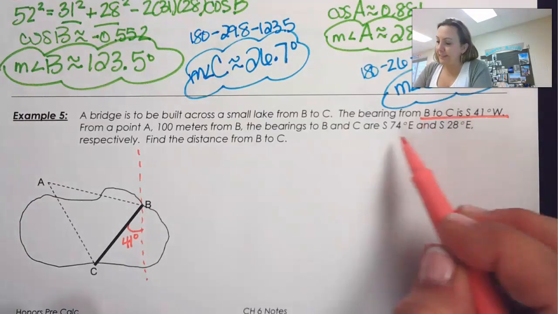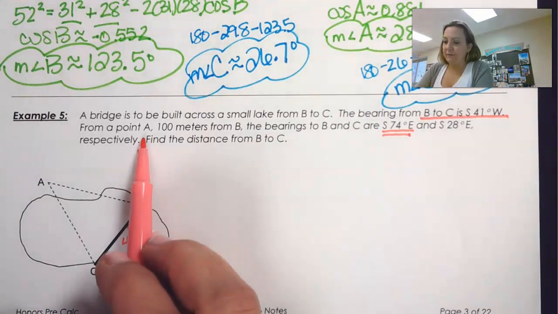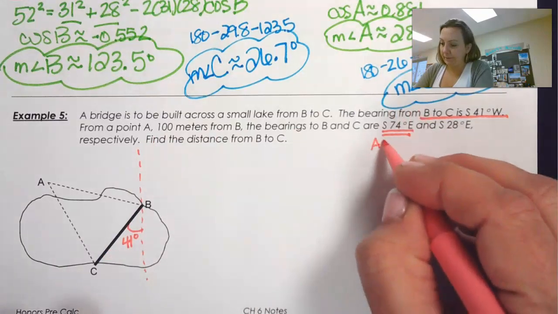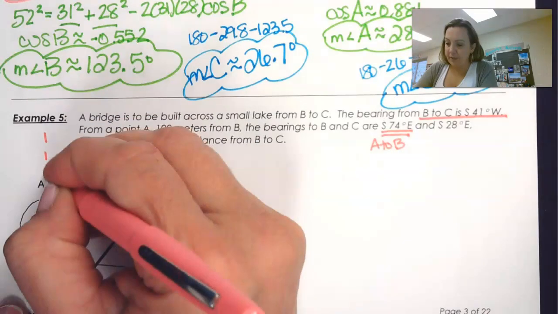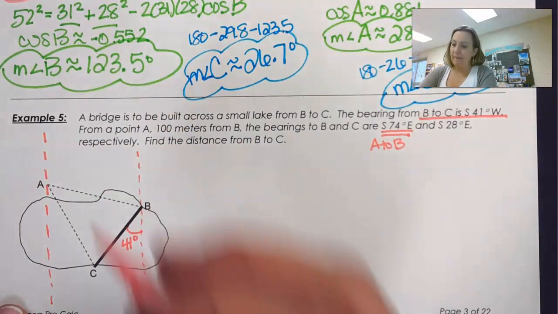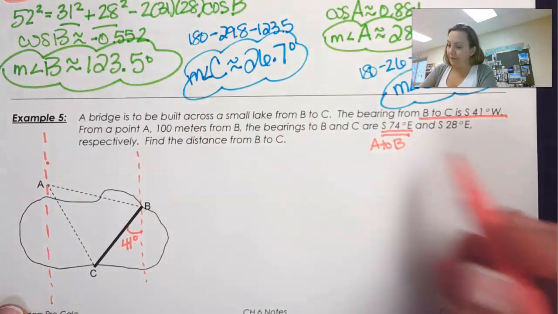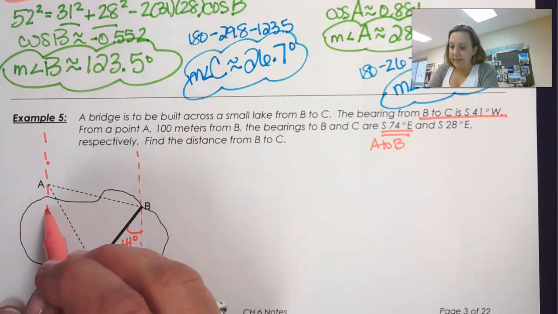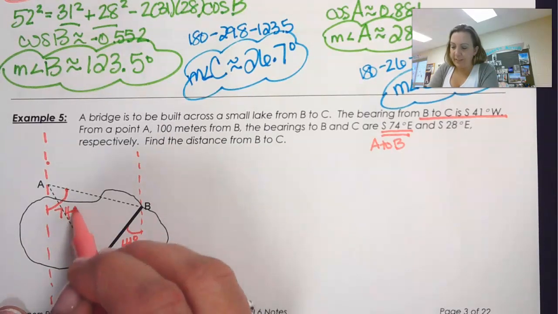Next, this south 74 east is from point A to B. So if I draw another vertical line from A to B, south 74 degrees east, so southeast, this right here would be 74 degrees.